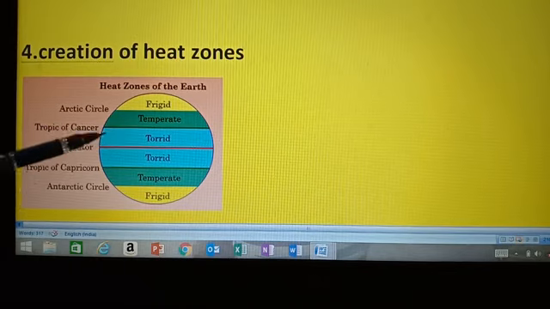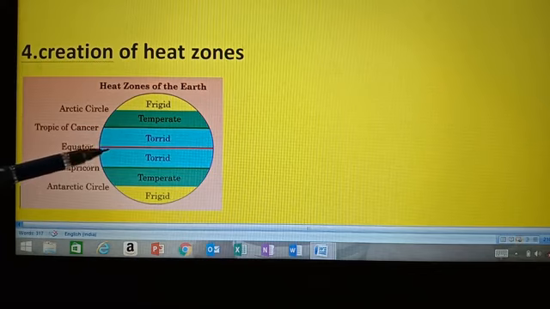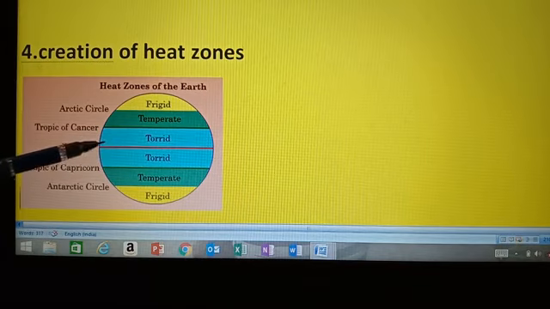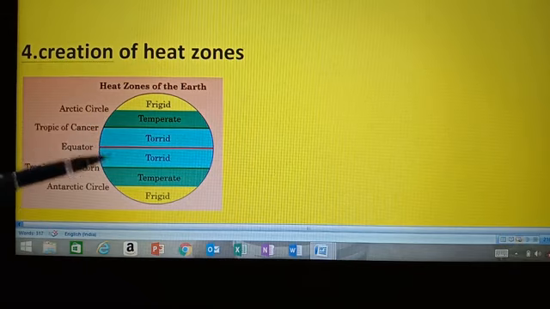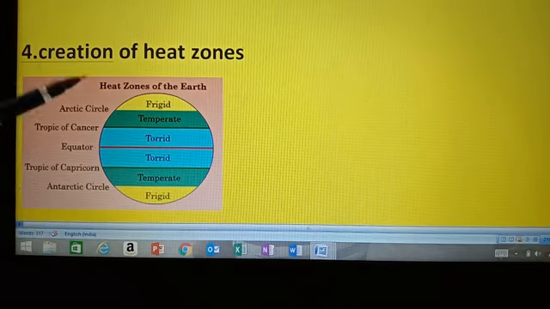Torrid or tropical zone is this one, which receives the vertical rays of the sun. Then we have temperate zone, which receives the slanting rays of the sun. Then we have frigid zone, which receives a negligible amount of rays of the sun. Here it's very cold, the temperature is very low here.